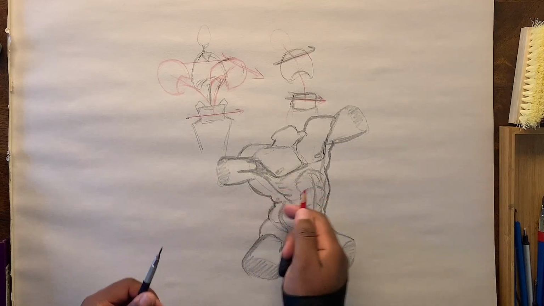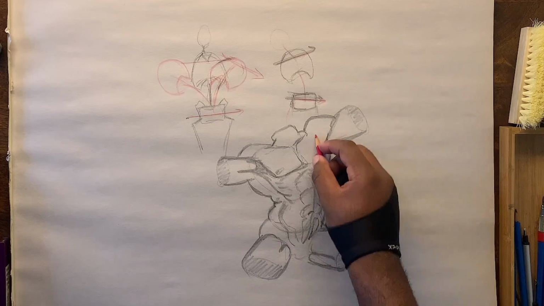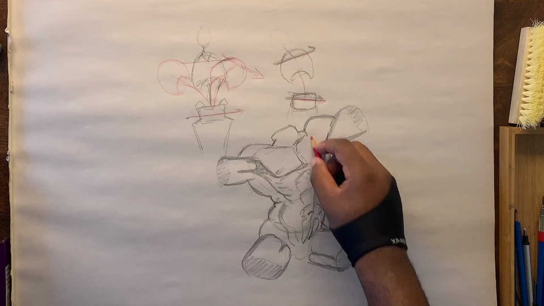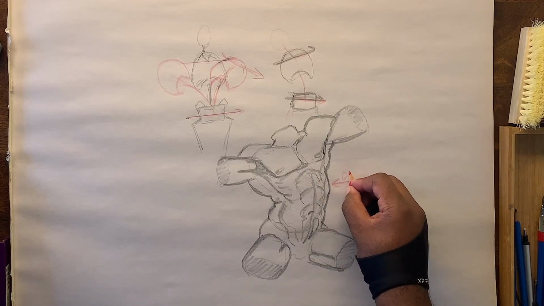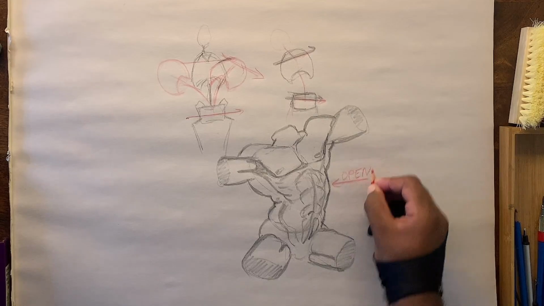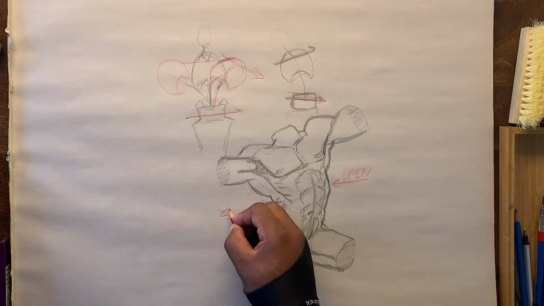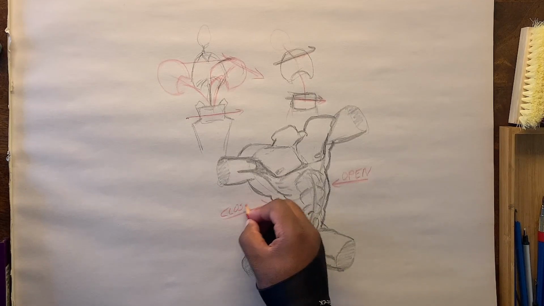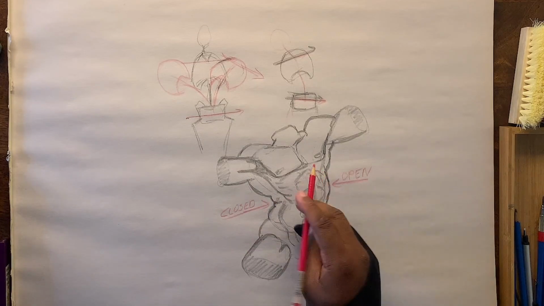Just simple opening and closing of the torso. So I think about the long side. Say in this particular case, this will be the open side, and then this side would be the closed side, right?